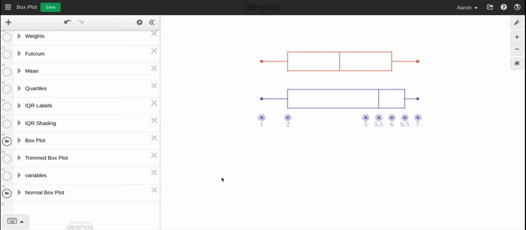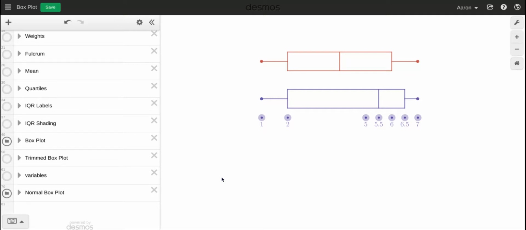The box plot that I've just added to the screen is a normally distributed box plot. It has the same endpoints, but the data set is perfectly, excuse me, not uniform, perfectly normally distributed. This helps me contrast my two box plots and really understand what it means to have greater variability or greater concentration.